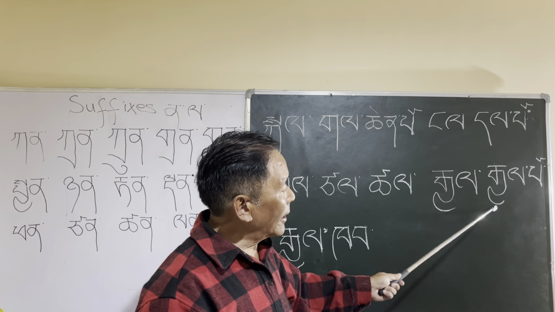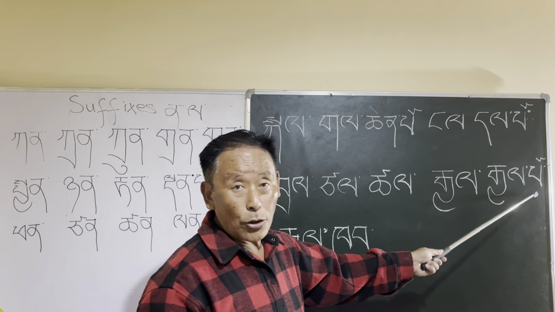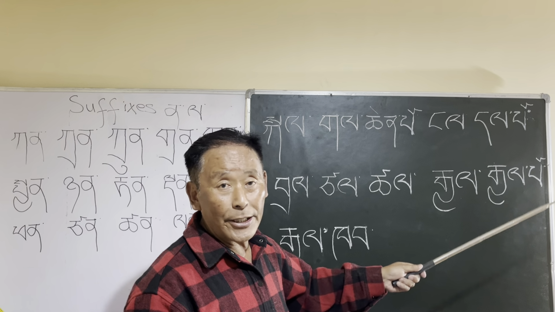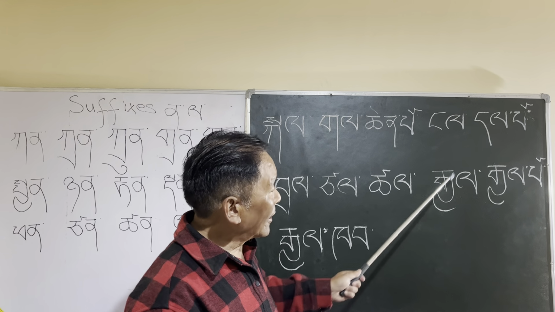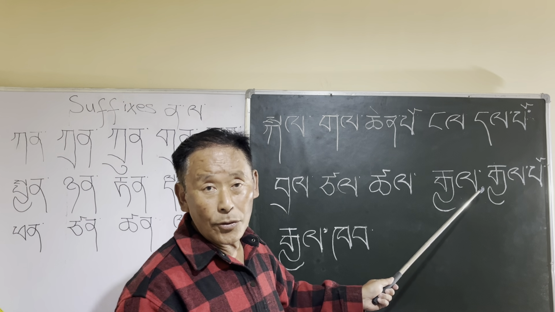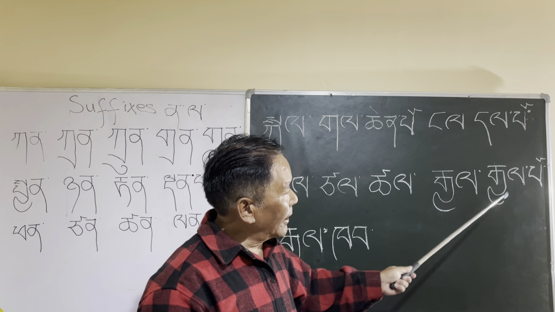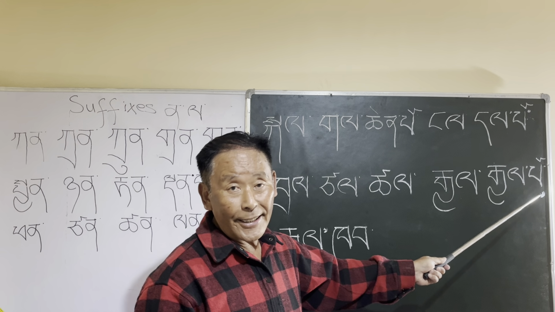Ra gata ga yata gya la gel po, gyalpo, is the king, the victorious one. Gel, to be victorious. Gelpo, the king.